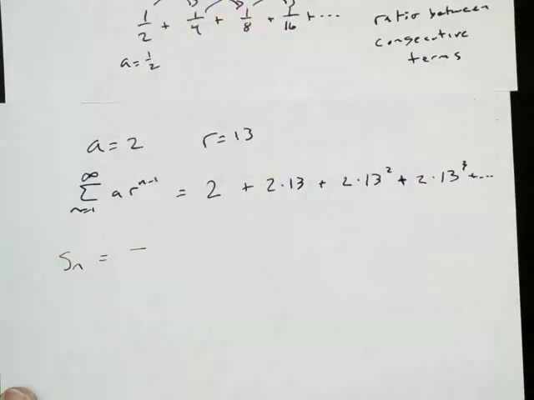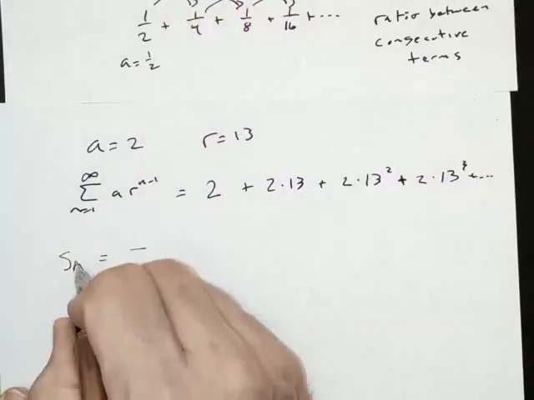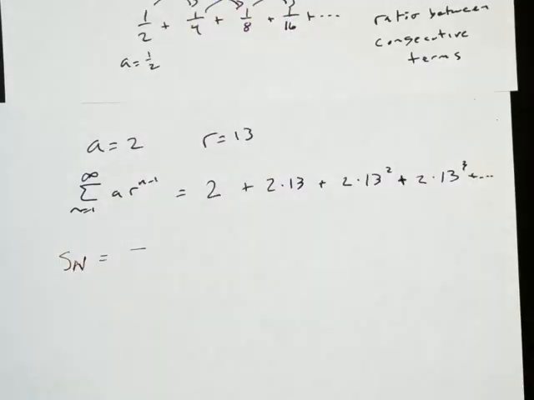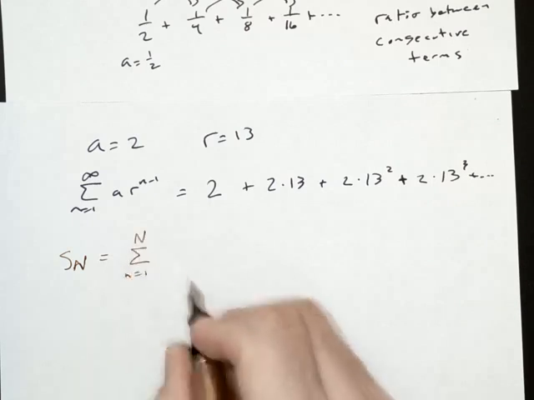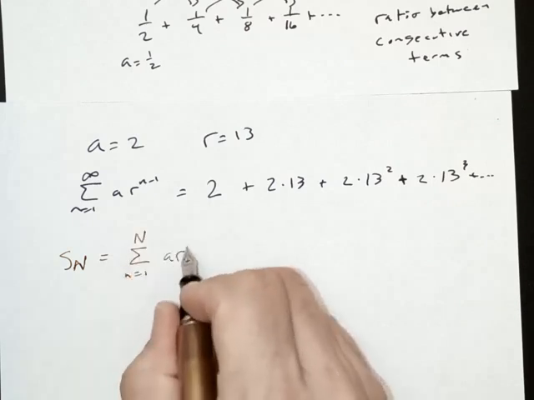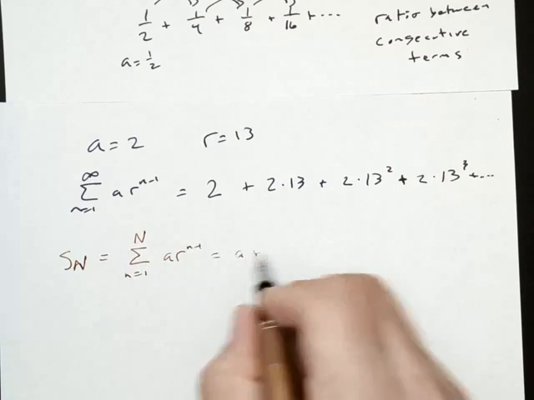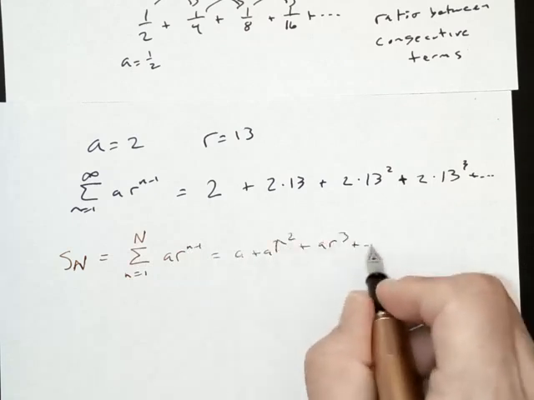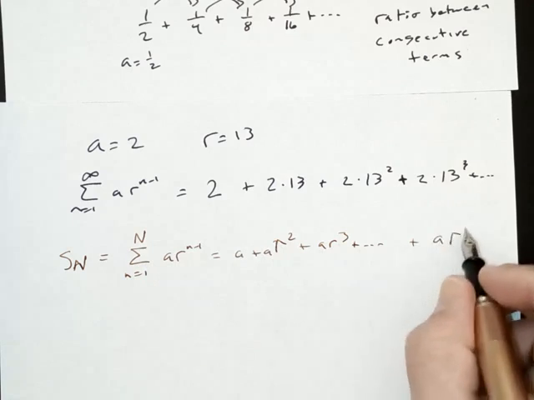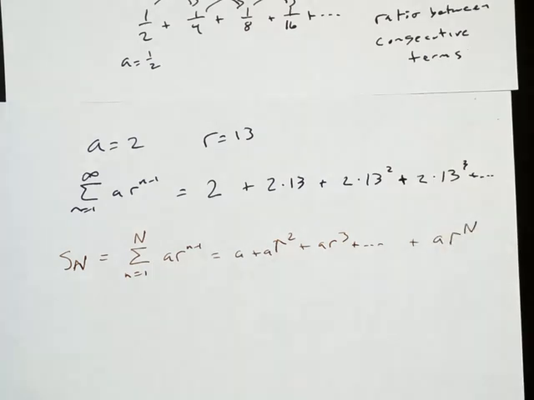I used n up there. So I'm going to change this from a little n to a capital N. That way I can tell the n's apart. Sum n equals 1 to capital N, AR to the n minus 1. So this is AR squared, AR cubed, all the way up to AR to the capital N.